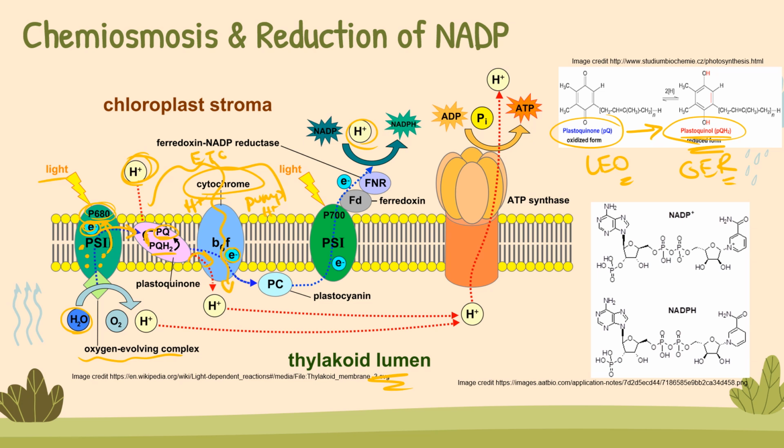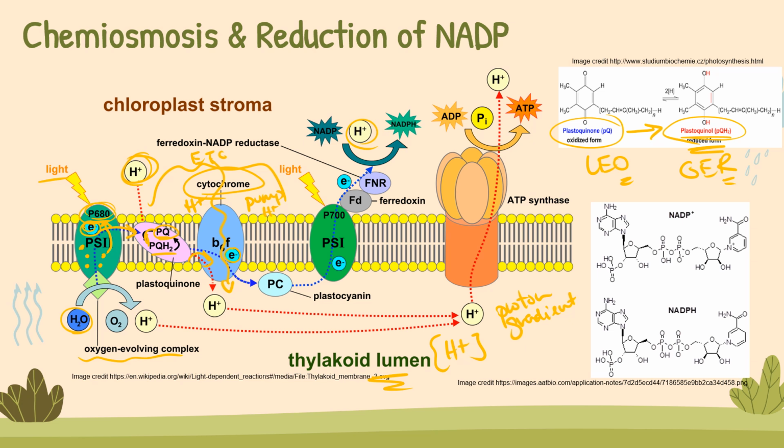That is going to lead to a proton gradient. We're going to have a high concentration of these hydrogen ions in the lumen of the thylakoid. This is not stable. The universe always tends toward things being at equilibrium, so it would be more stable for us to have equal concentrations of hydrogens inside and outside, inside the lumen and then also in the stroma.